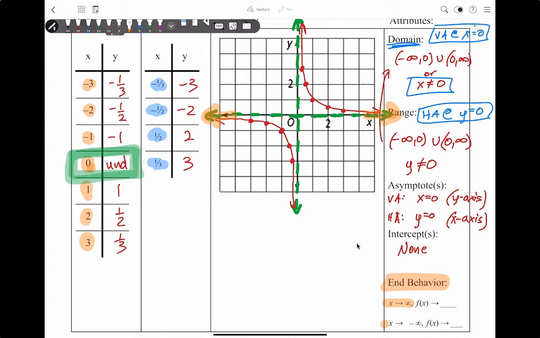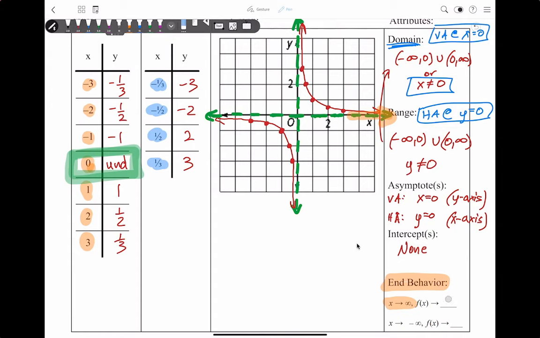I'm going to do this with highlights so that you understand how to read this. As x approaches positive infinity, that means as you go to the right, the graph is going to approach 0. So f of x approaches 0.